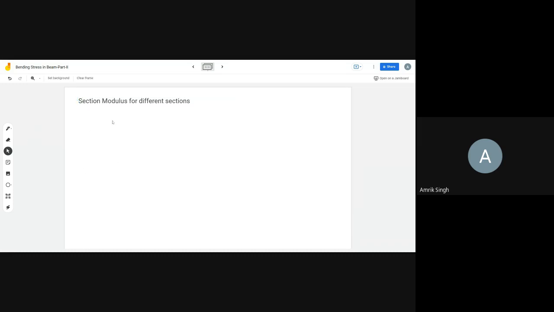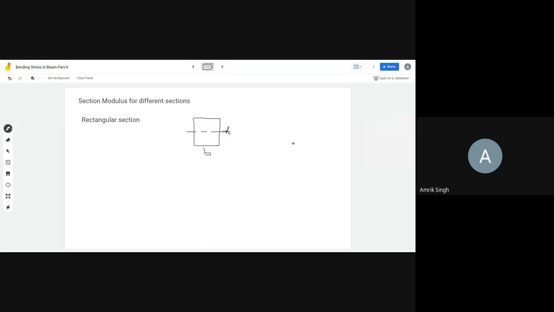Say a rectangular section, first we take the rectangular section. So for the rectangular section, say this is a rectangular section in which B is the width and H is the depth of the beam.